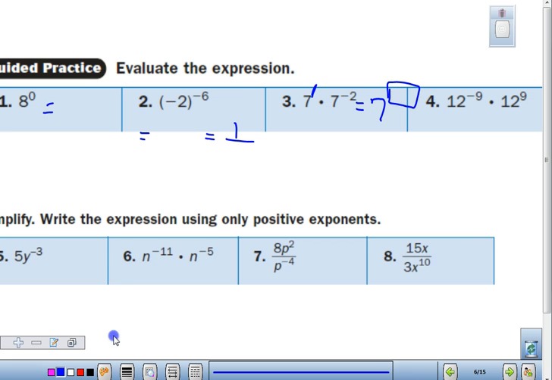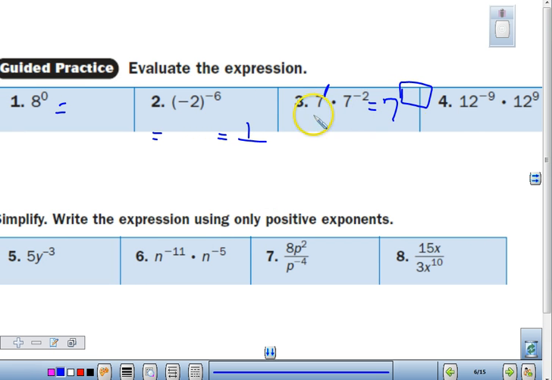Similar to number 3, your first step is to tell me 12 and what you are doing with those exponents. Show me that. Then tell me 12 to what power. Down here, my hint would be as you do 5 through 8, simplify it. Rewrite it as 5 times y to the negative 3.